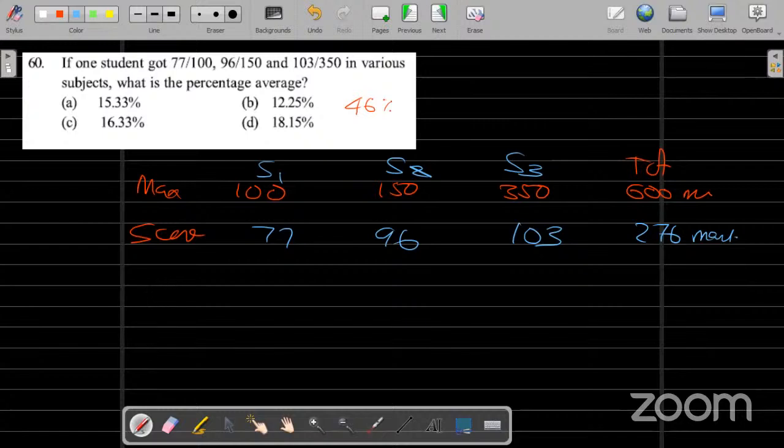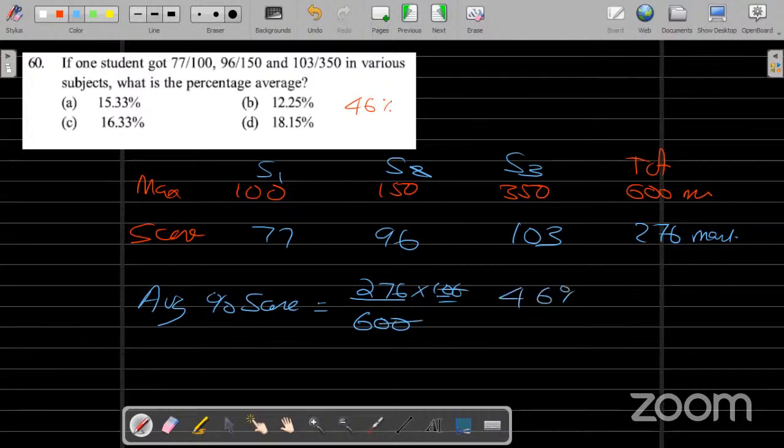So on an average, what is his percentage score? He scores 276 out of 600, into 100. 276 by 6 is equal to 46%. That is the answer, 46%.